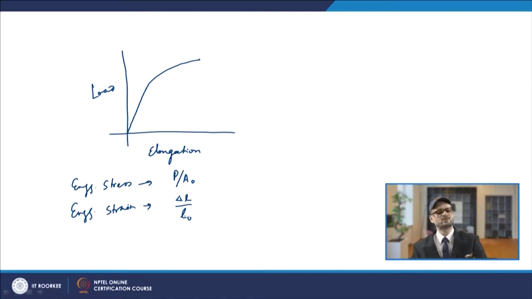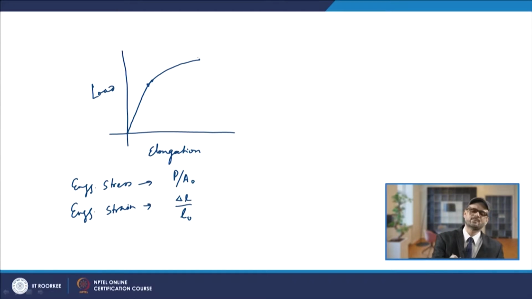The maximum point will be the ultimate tensile strength, and then you have the proportional limit, because up to a certain point the stress will be proportional to strain. Then you give a certain value for yielding, which is the proof value, and for that you define the yield point, and the maximum value will be the UTS. That is the load elongation curve.